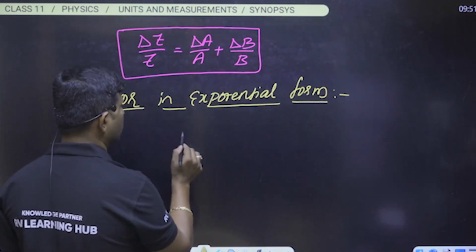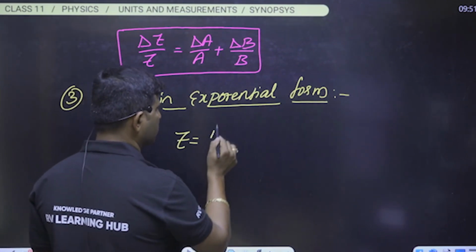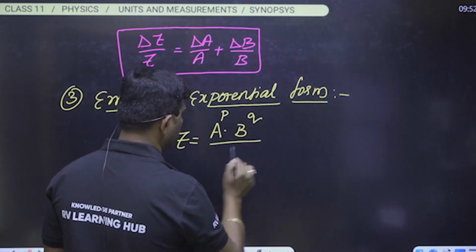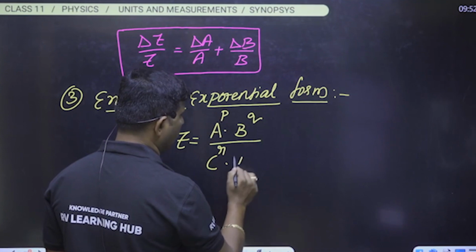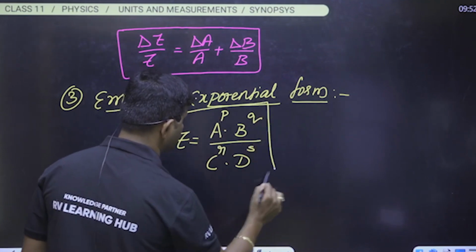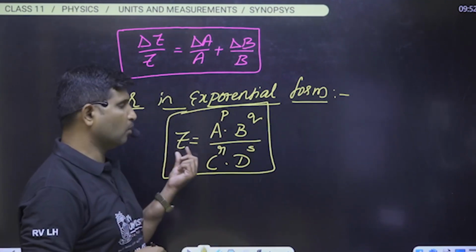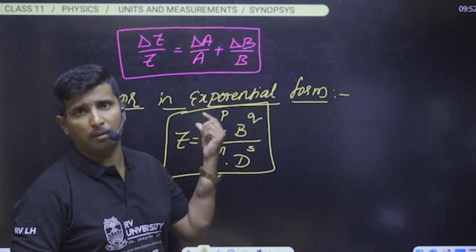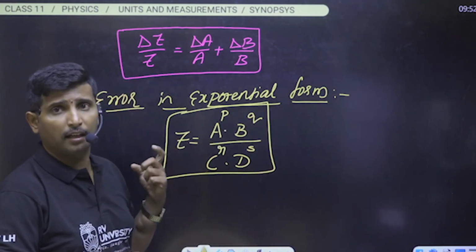So see here, whenever we write a quantity, that is a to the power of b to the power of q divided by c to the power of r and d to the power of s. That means if a physical quantity is written in this form, then how to write the error?